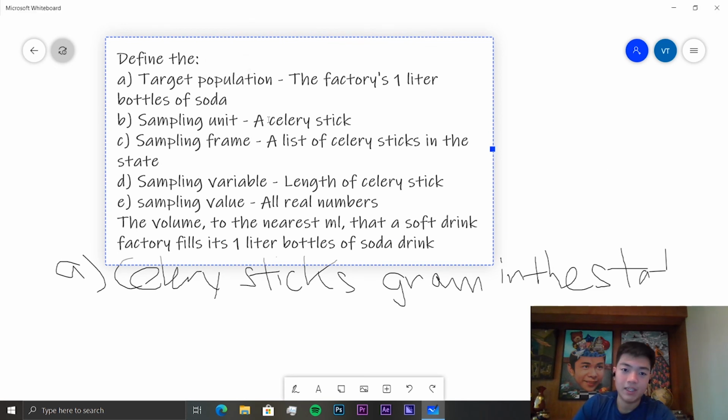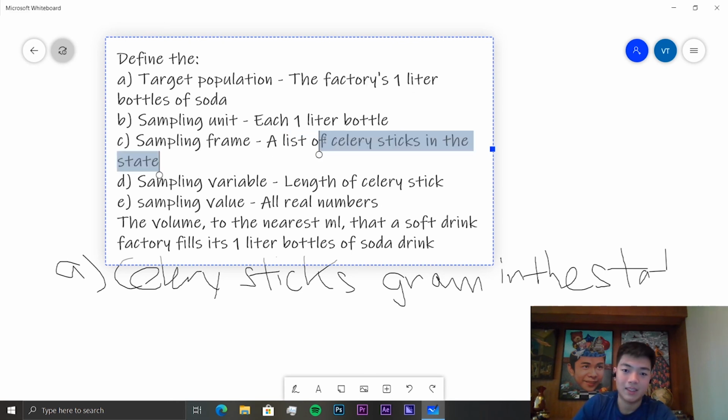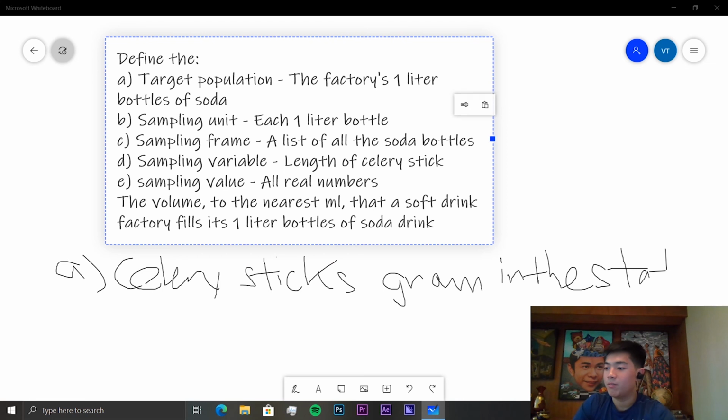The sampling unit is each 1 liter bottle. And I guess the sampling frame would be a list of all the soda bottles. So that would be a reasonable sample.